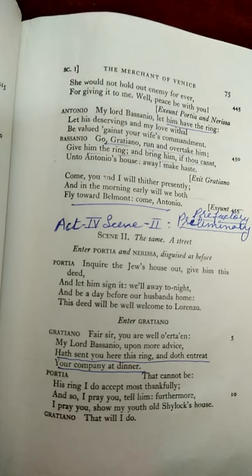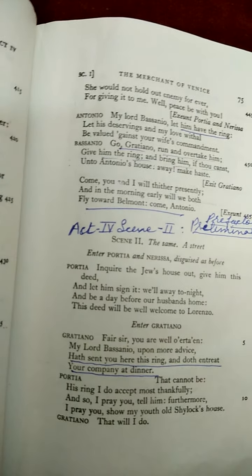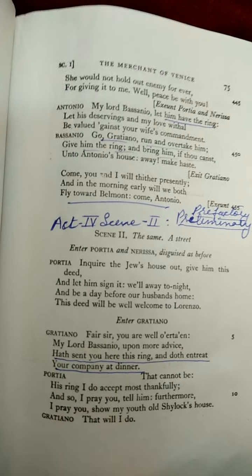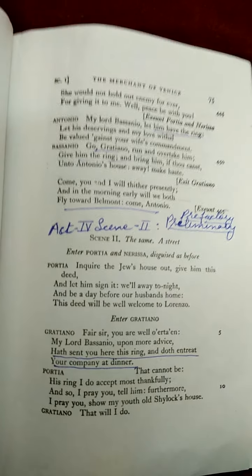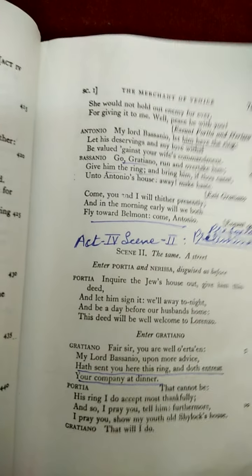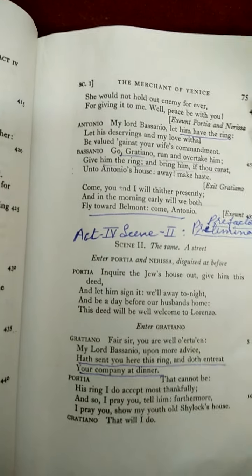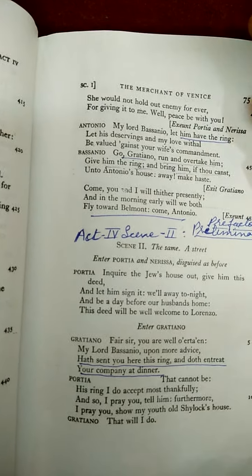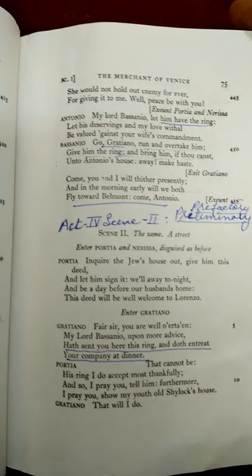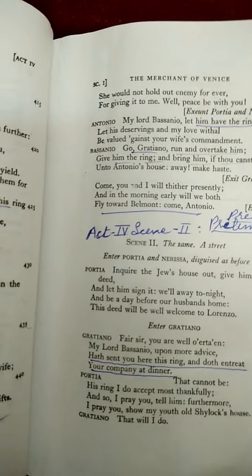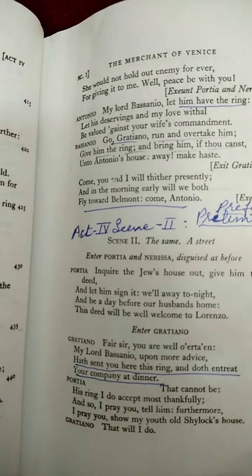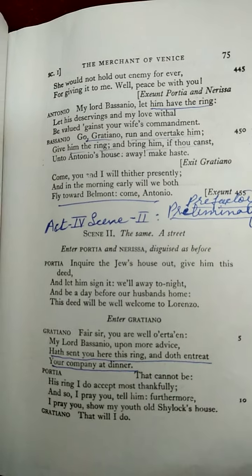Nerissa also takes the ring from her husband, but Gratiano does not. So this is the second important point, that she has been gifted this ring. And the third important point is that they are in a very big hurry to reach Belmont now.